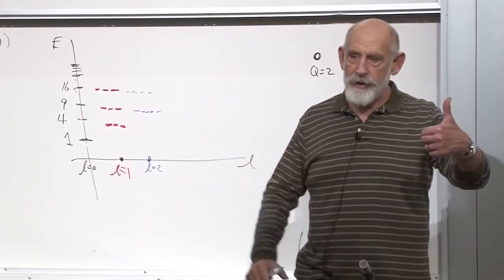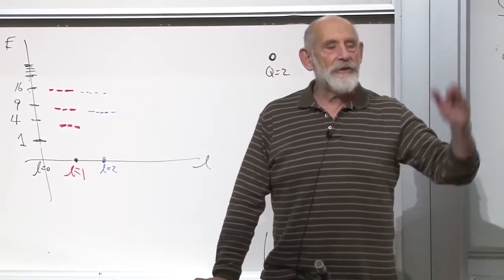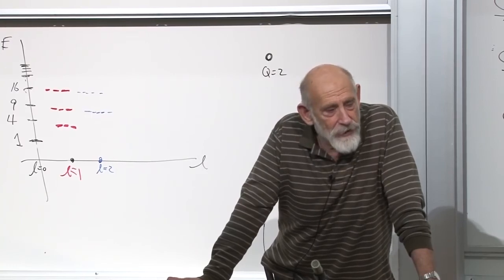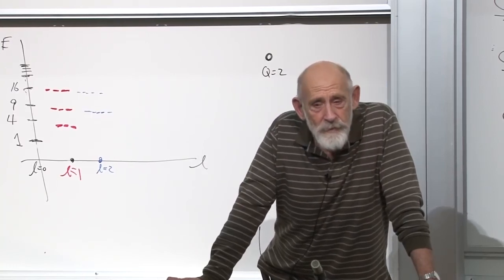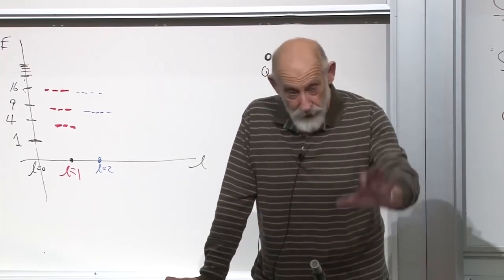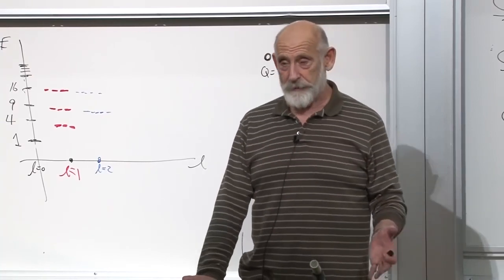If one of them is put in the up state and the other one is put in the down state, then I can save my crazy exclusion principle. I can save it if I assume that the electron has one more property in addition to its orbital motion, that it has a thing which I will call a spin.